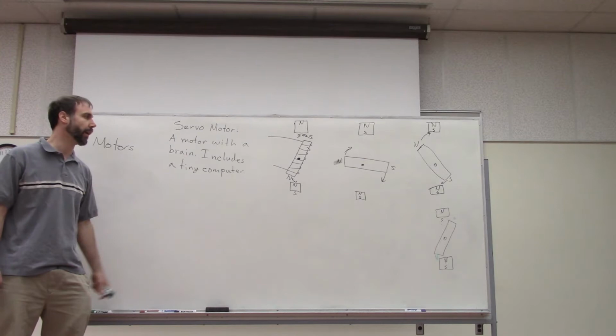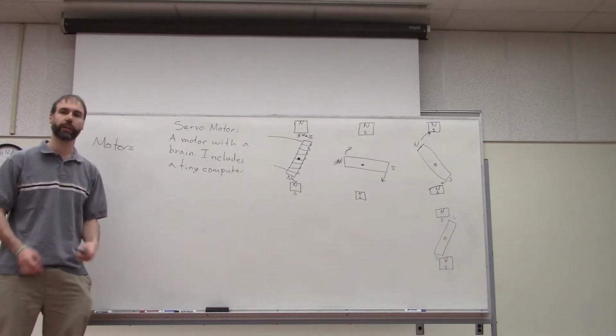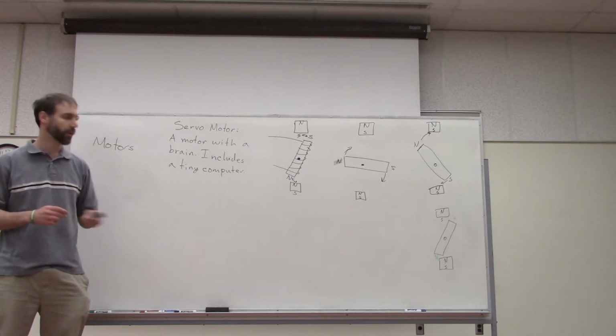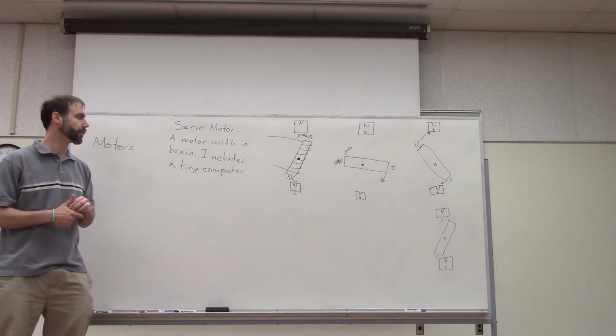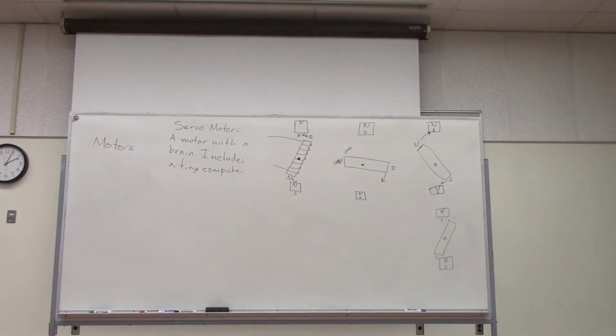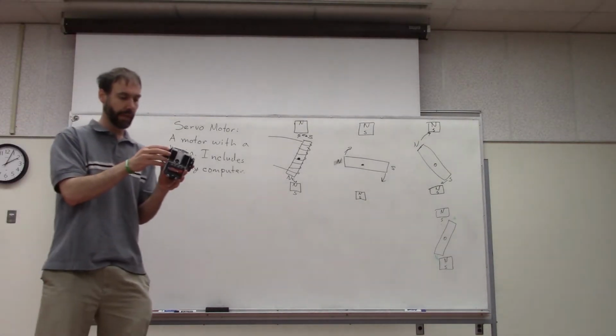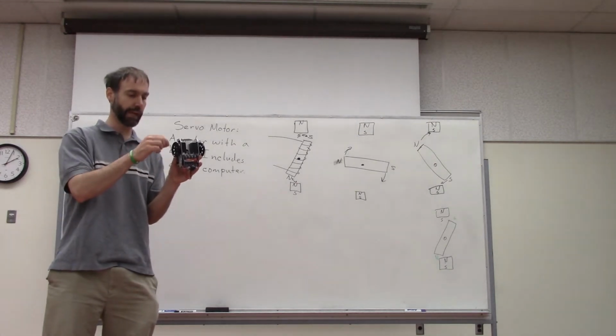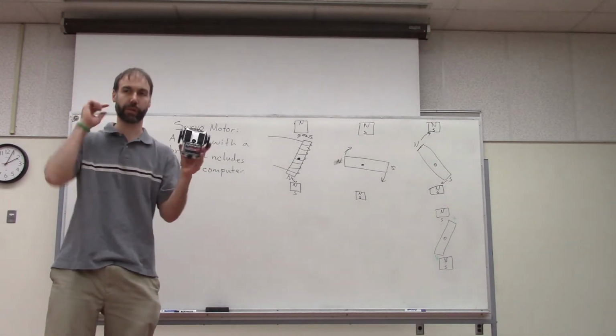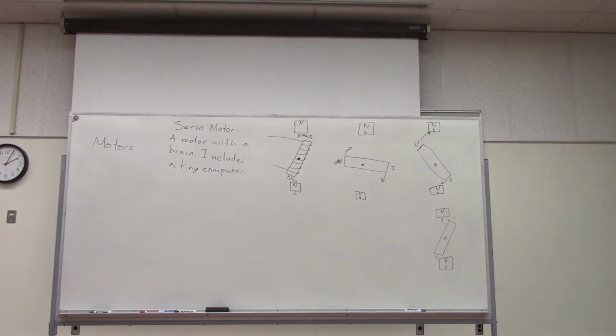And the computer says, okay, I will supply the voltage that it needs in order to do that. So that's what a servo motor is. These are the little servo motors that we're going to be using. They're these little black rectangular looking motors, and they have little shafts where you can attach wheels or other parts. Okay? So that's what servo motors are.